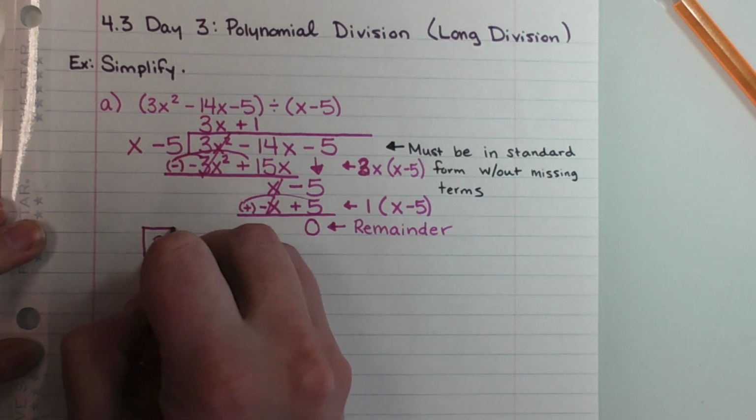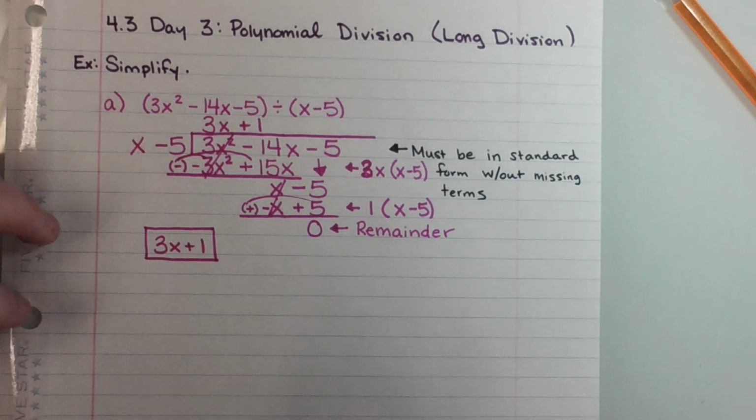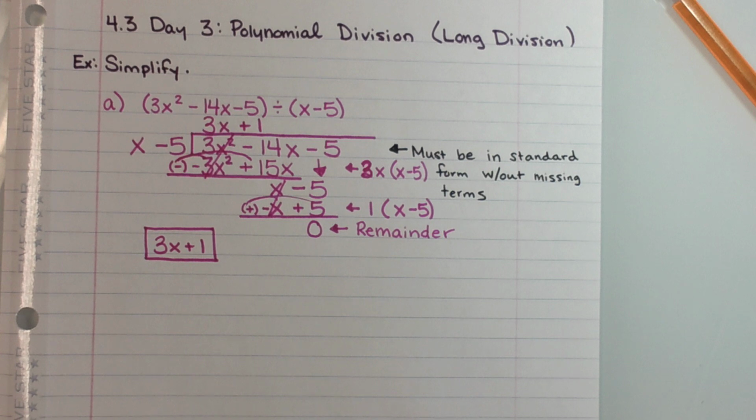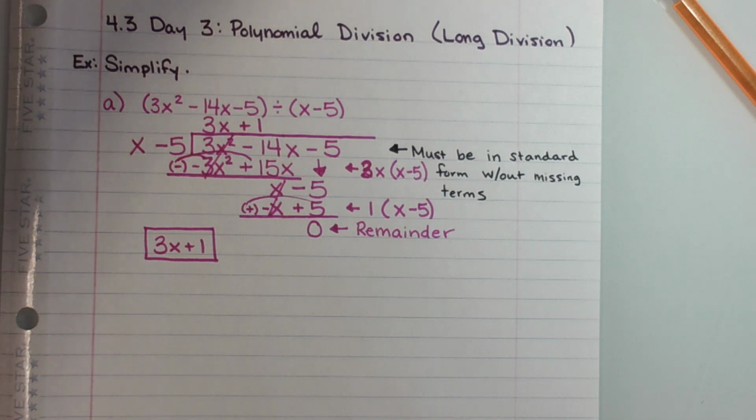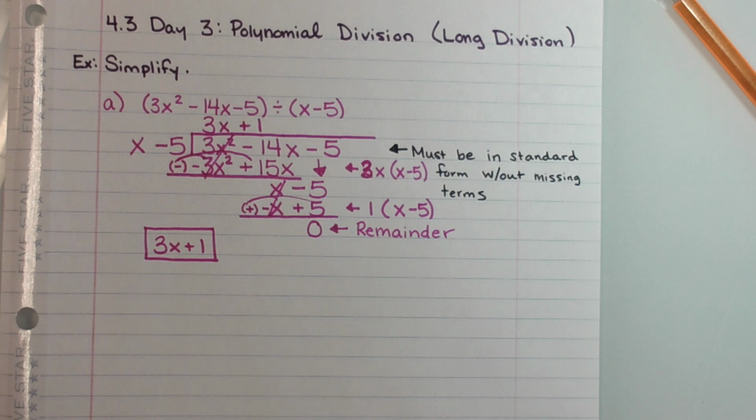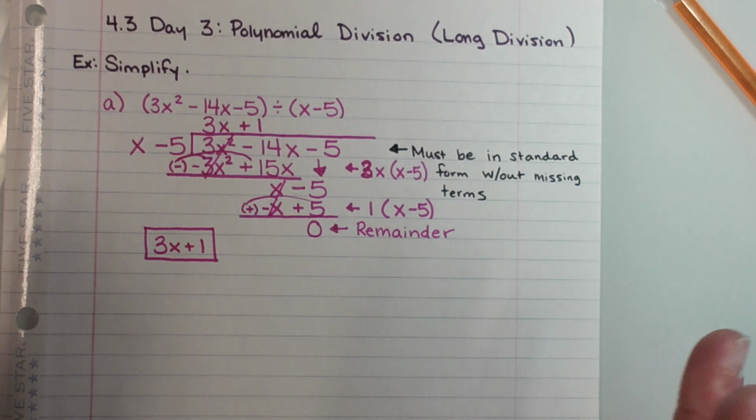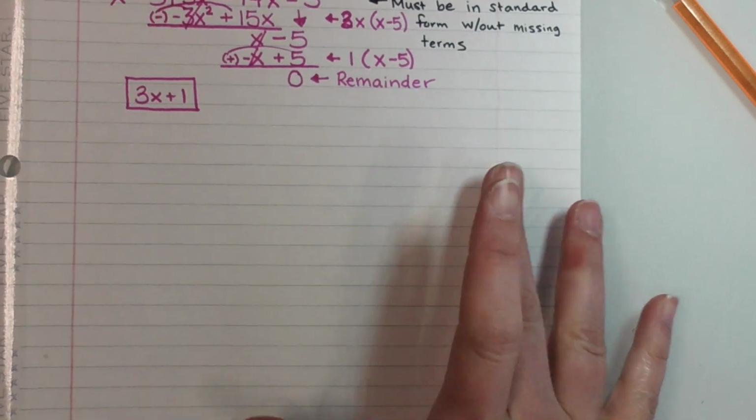It also means that it divided out nicely, AKA x minus 5 was a factor of 3x squared minus 14x minus 5. So, same process, definitely uglier than regular long division. I'm not going to deny that.